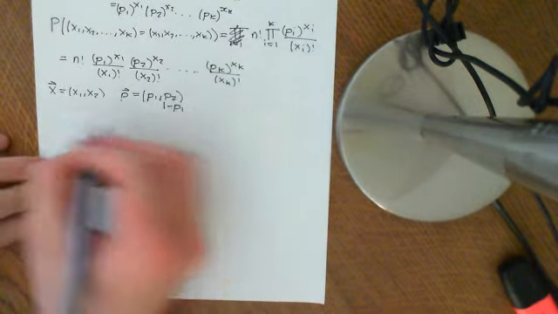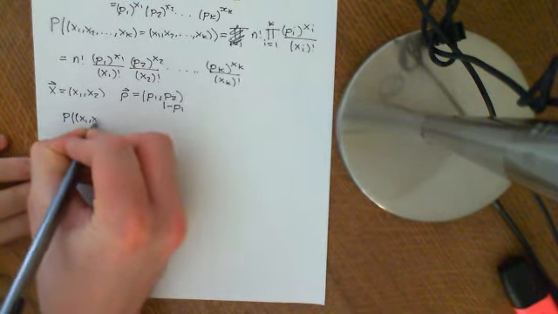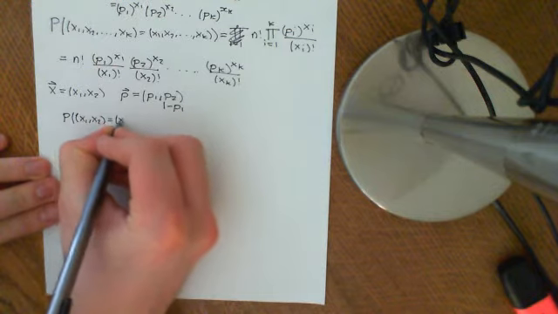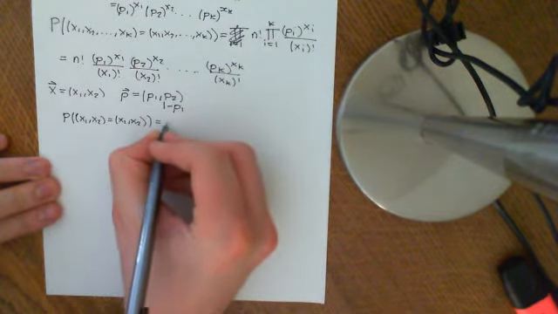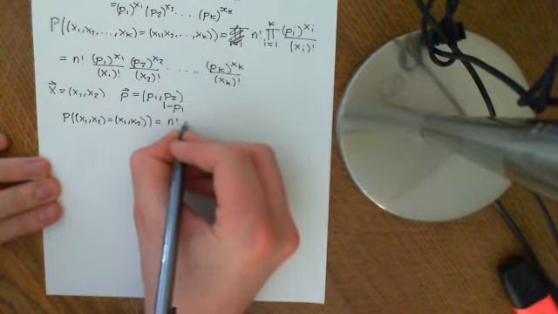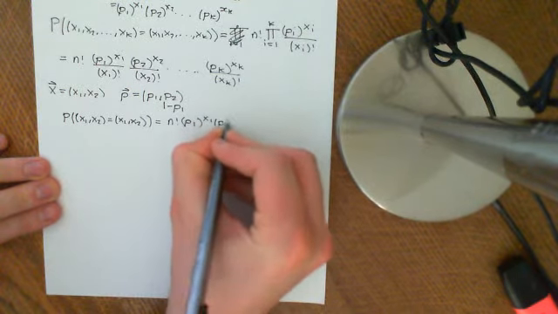And then basically this PMF becomes the probability that X1, X2 is equal to some little x1, little x2, which is equal to n factorial times p1 to the x1, p2 to the x2.